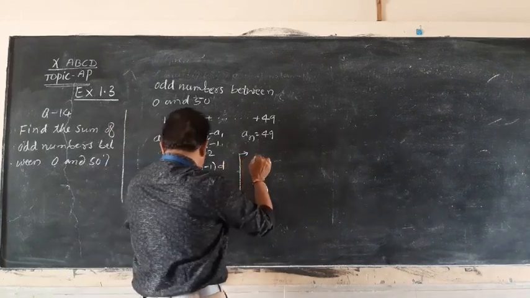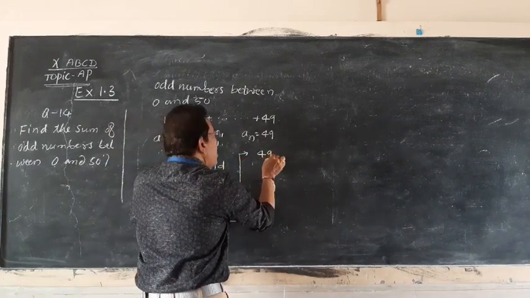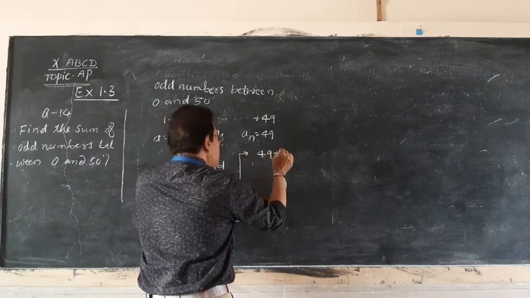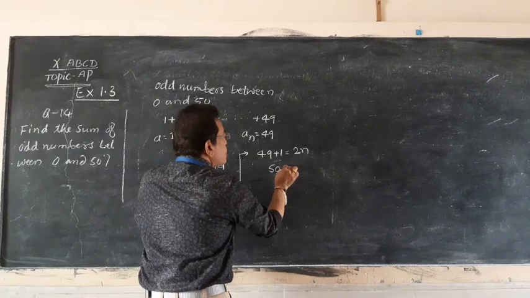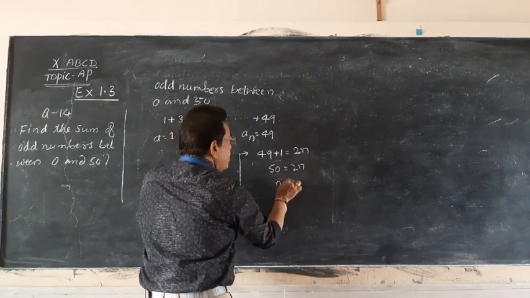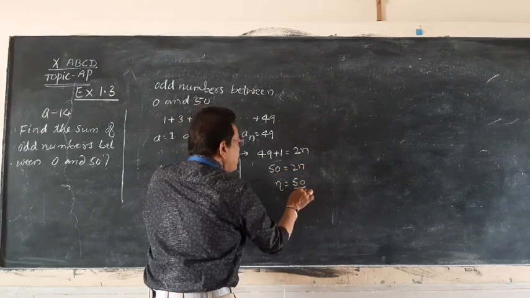Now that is 49 minus 1, if transposed, that is plus 1, equals 2N. 50 equals 2N, then N equals 50 by 2.